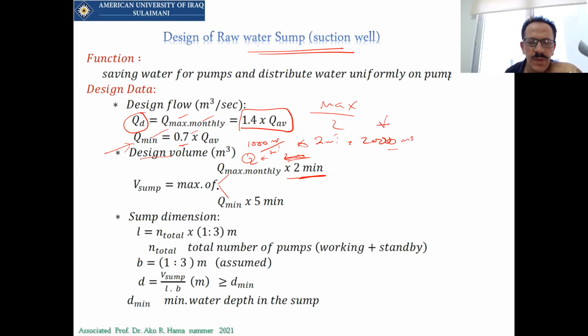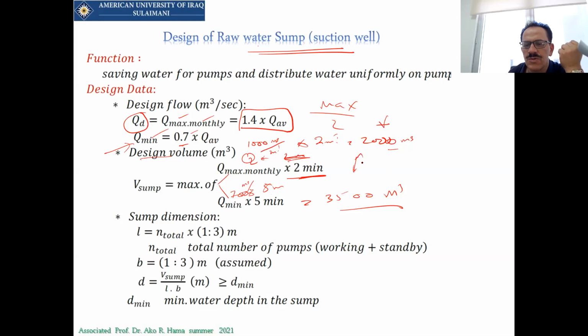Or for the minimum, 1,000 times 0.7 means 700 meter cube per minute, times 5 minutes, which is 3,500. So we have two volumes, either 3,500 meter cube or 2,000 meter cube.